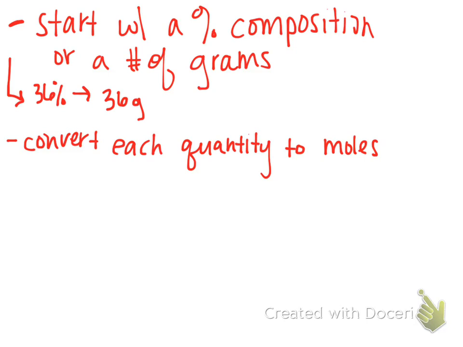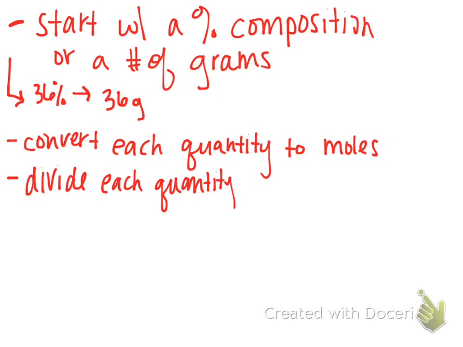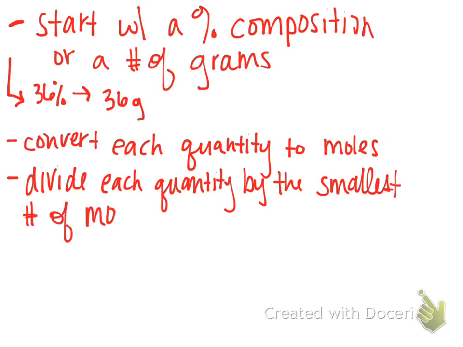So just like in 100%, right, our percentages add up to 100, it's just acting like we're starting with 100 grams of our sample. So we switch that from percent to grams. Okay. Next step is once you've converted them each to moles, you will divide each quantity by the smallest number of moles.